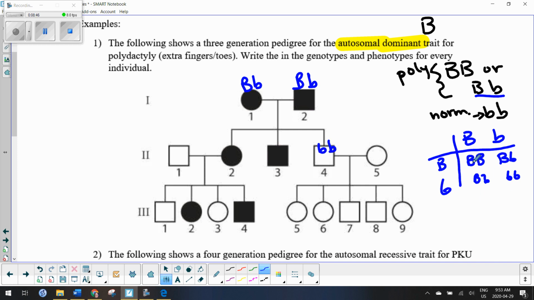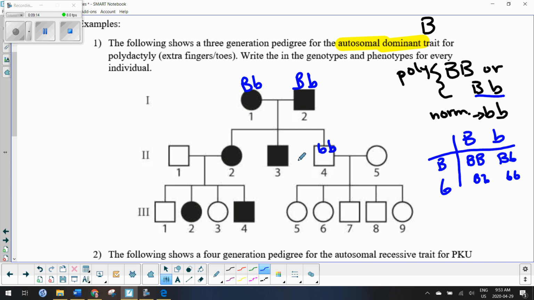It's not saying you get 1 of these, 2 of these kids, and 1 of these kids, because we don't know how many kids they're going to have. So when I cross them, you can see that definitely for number 4, you do get the possibility of being normal. There's a 75% chance you do get polydactyly. I'm not saying it's not normal, but it's different, right?